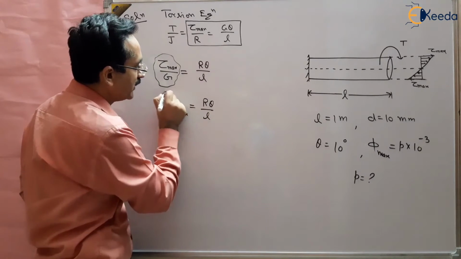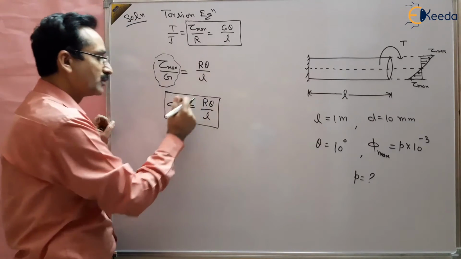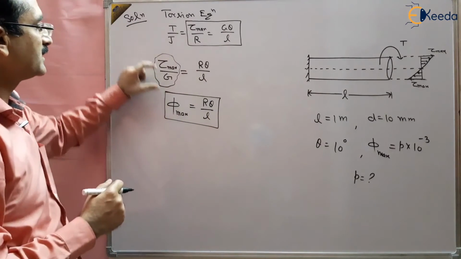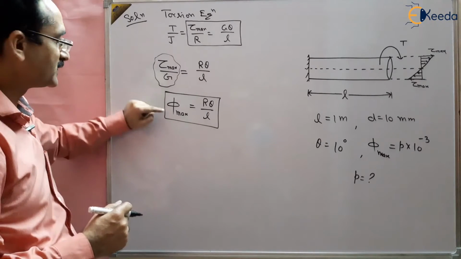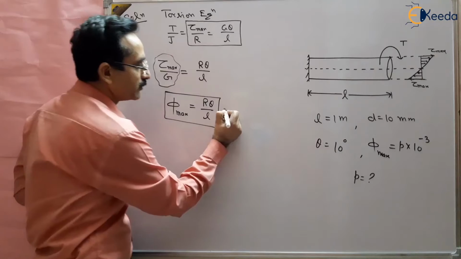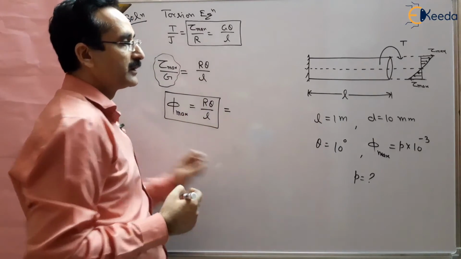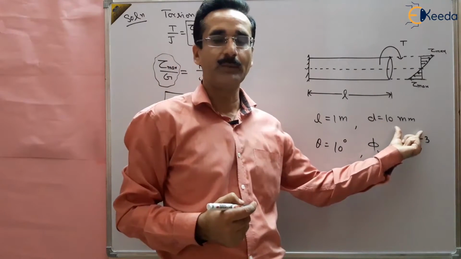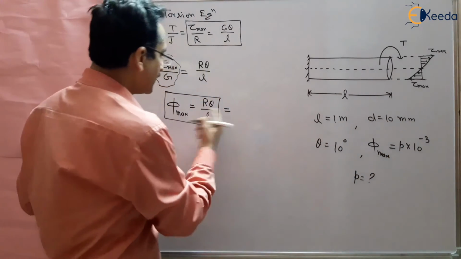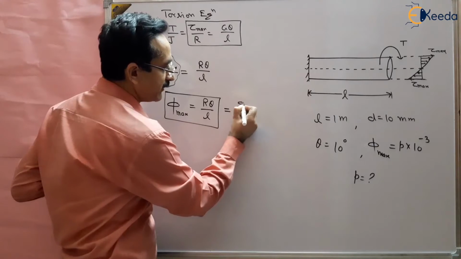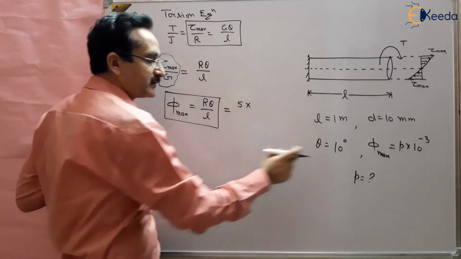You can go to the theory lectures to see that shear strain is equal to stress upon modulus of rigidity. So that will be equal to R, and R is half of the diameter. 10 mm is the diameter, so half of the diameter is 5 mm, right? We are taking millimeter, so this is 5 multiplied by the angle. The angle is in degrees.